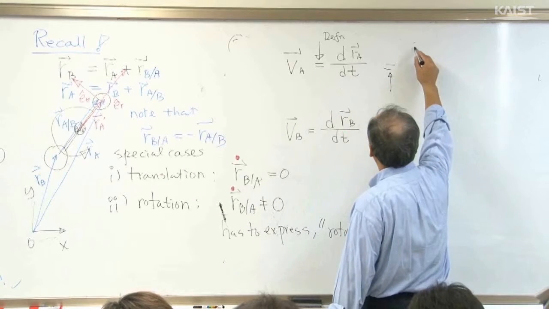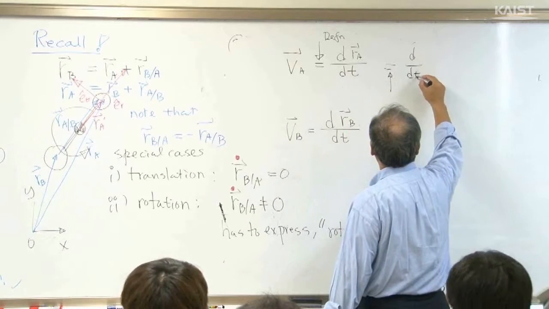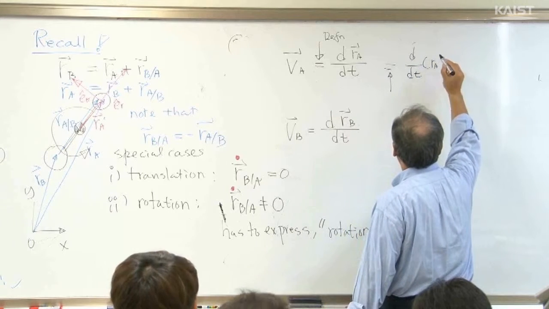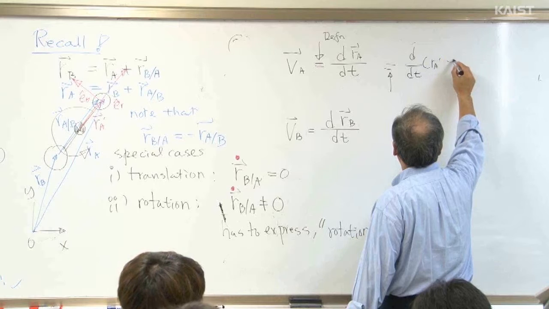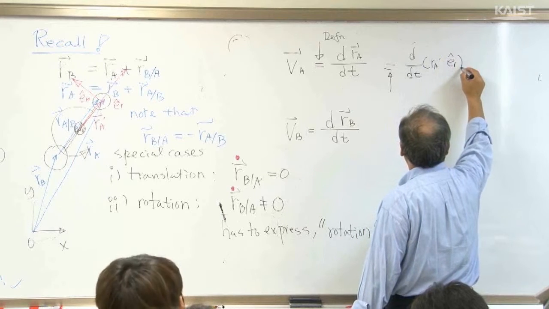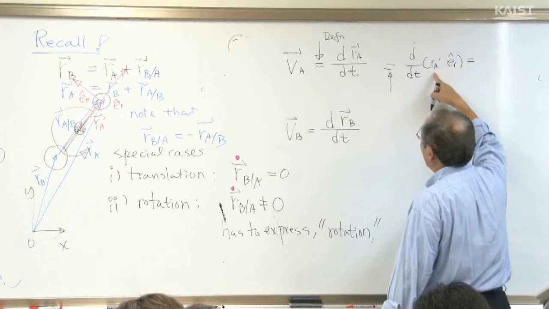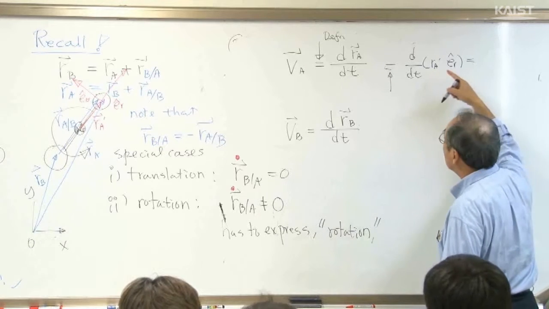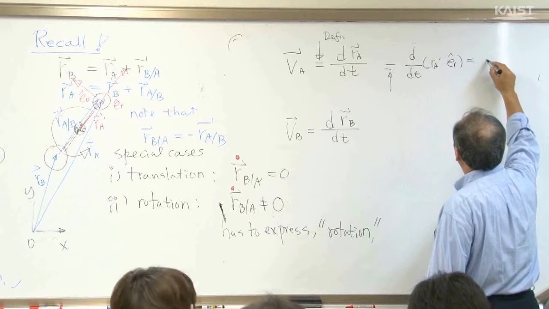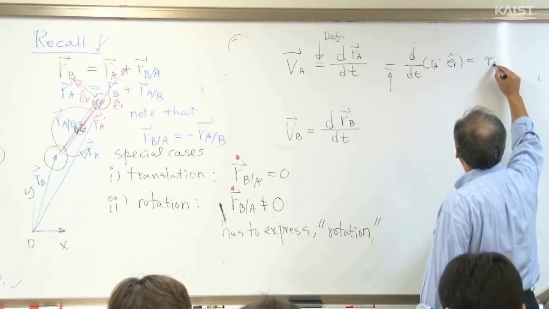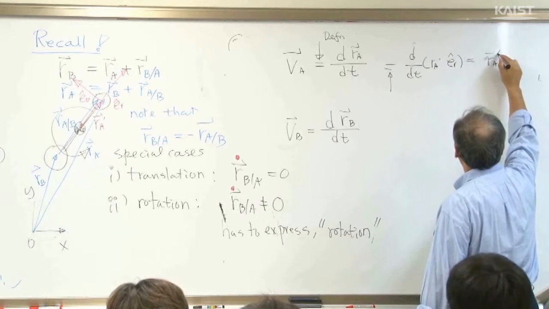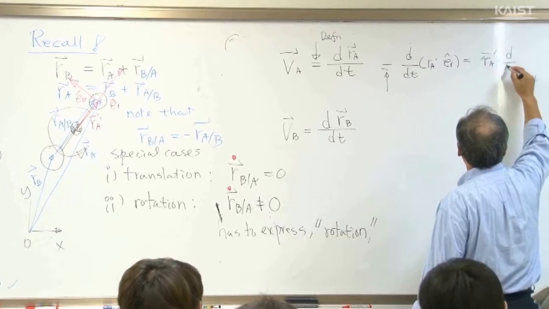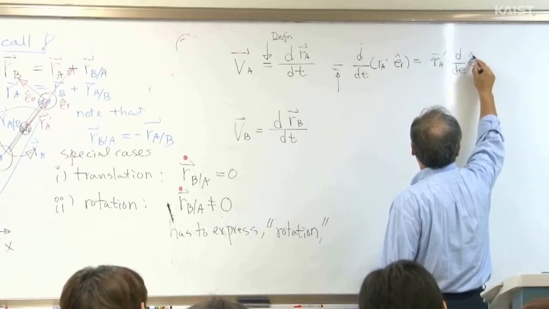I can write this is d/dt of the magnitude RA prime multiplied by the ER vector. Okay? If the magnitude of the RA vector is constant, then I only have the RA magnitude multiplied by the rate of change of this vector.